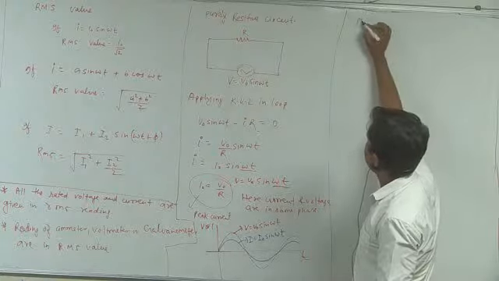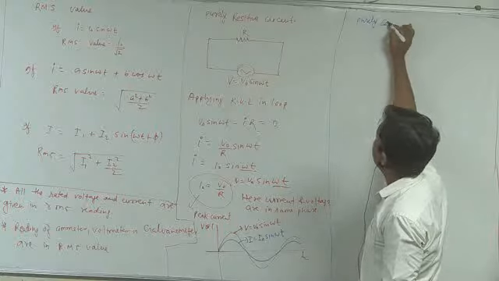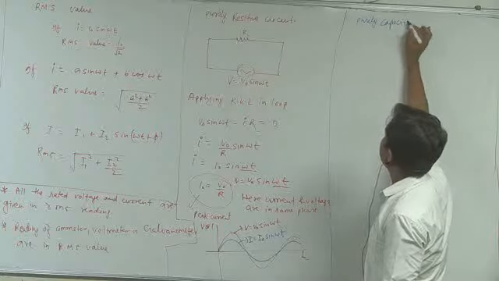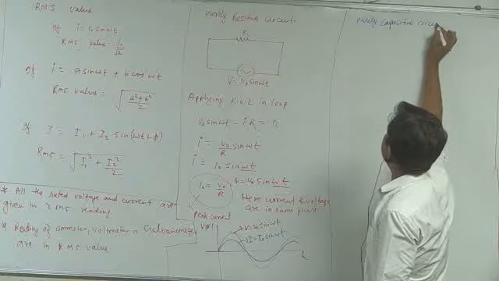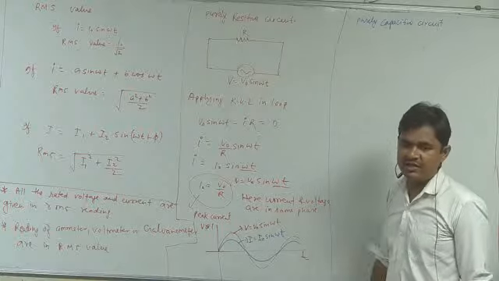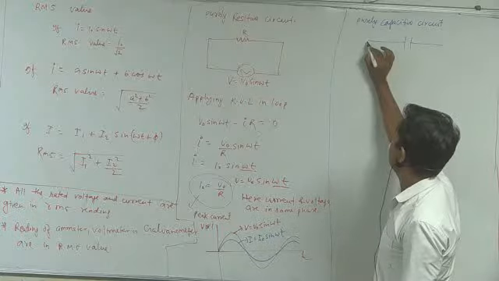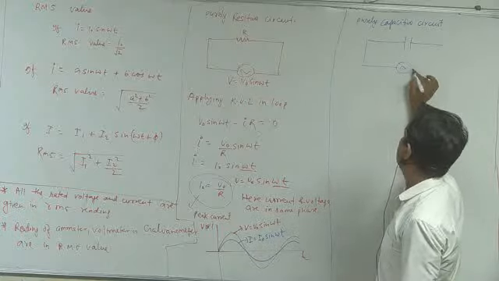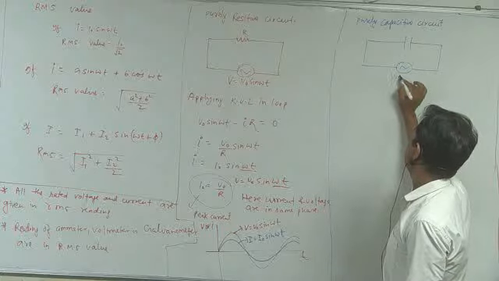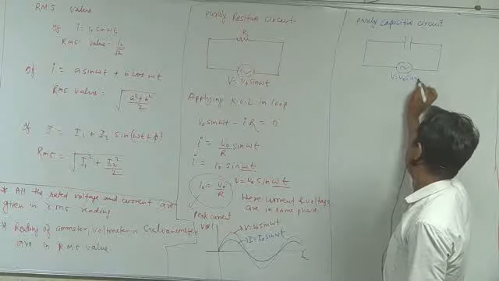Purely capacitive circuit. In a purely capacitive circuit, what do we have? We have a capacitor which is connected across an alternating source, that is V equals V naught sine of omega t.